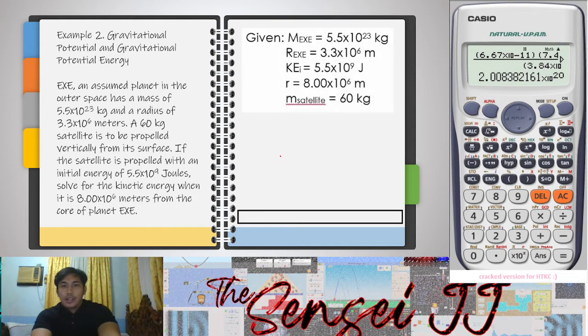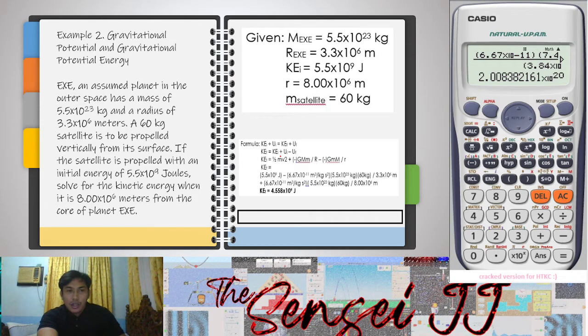Okay, so we have here our given values. The mass of our planet EXE is 5.5 times 10 raised to 23 kilograms, and its radius is 3.3 times 10 raised to 6 meters. We have the kinetic energy of 5.5 times 10 raised to 9 joules, a radius of 8.0 times 10 raised to 6, and the mass of the satellite, 60 kilograms. So we have here gravitational potential and potential energy.